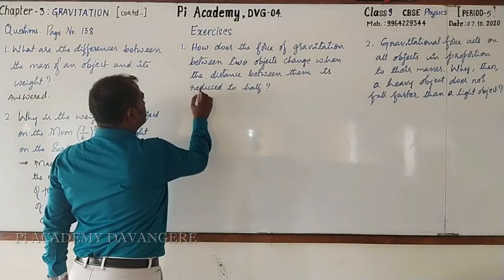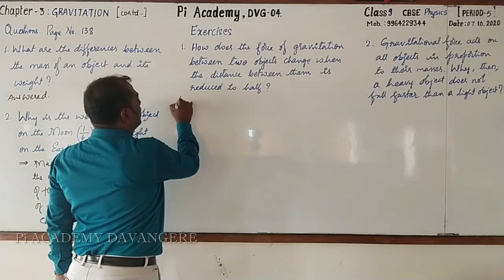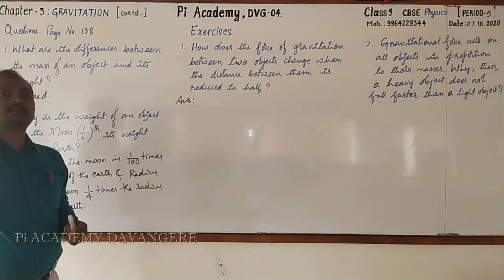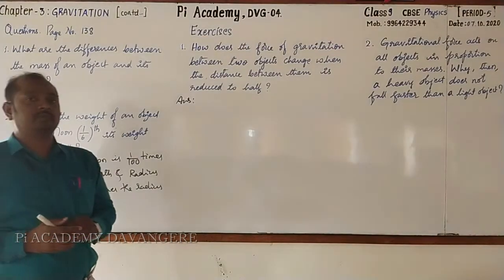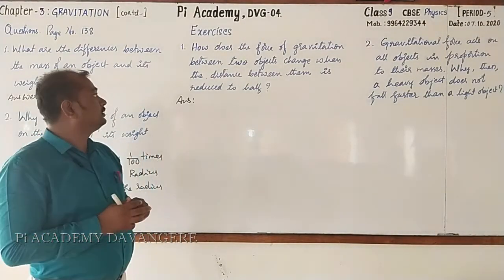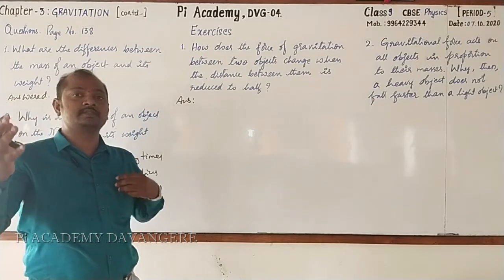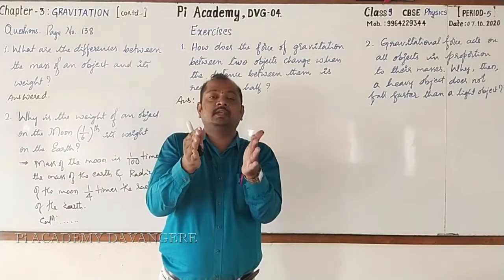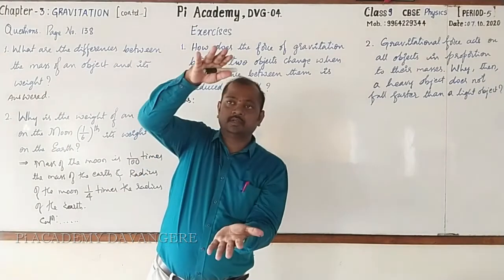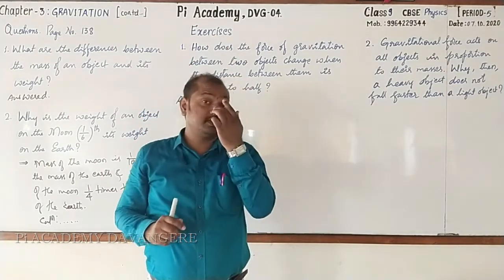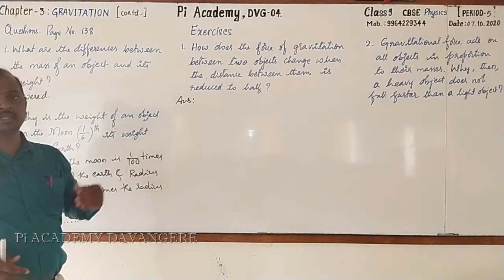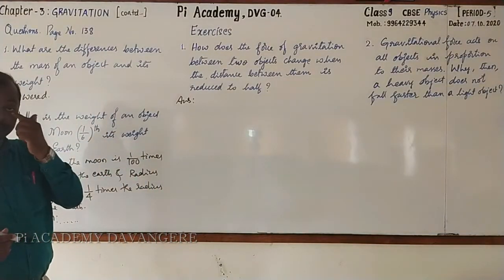Dear students, just observe here. I'll go for answering this one. When the distance is reduced to half, what will be the gravitational force, whether it increases or decreases? We know that as the distance decreases, the gravitational force increases. But how many times? It is 4 times, is it not?